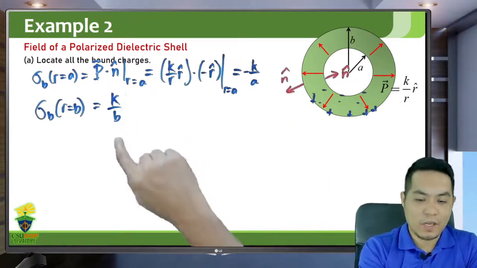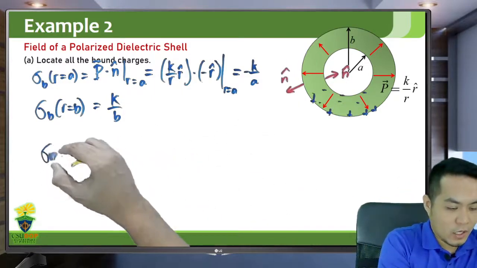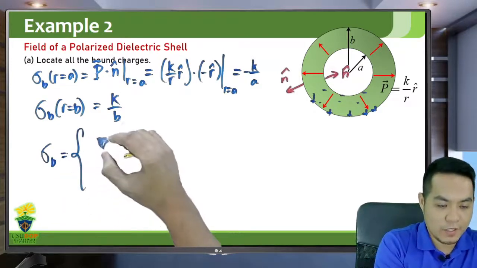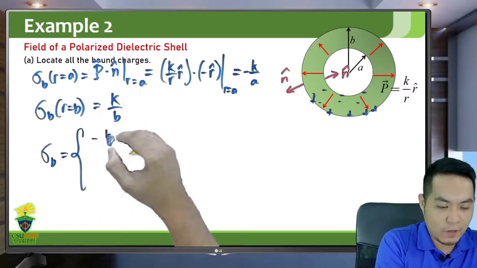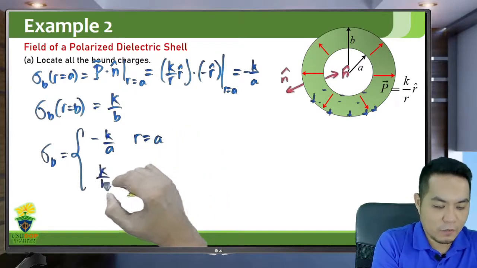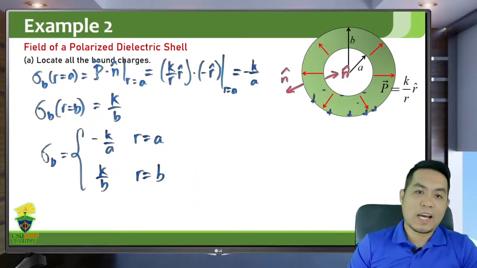So as a summary, this will now be our bound charges at the surface. It's negative K over A at the R is equal to A surface and positive K over B at R is equal to B surface, at the outer surface.